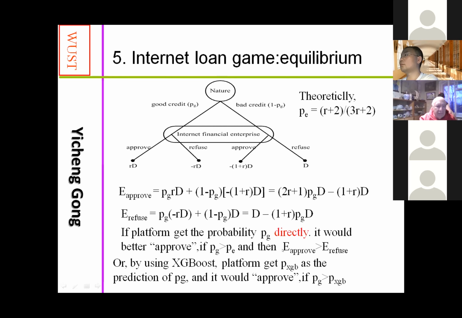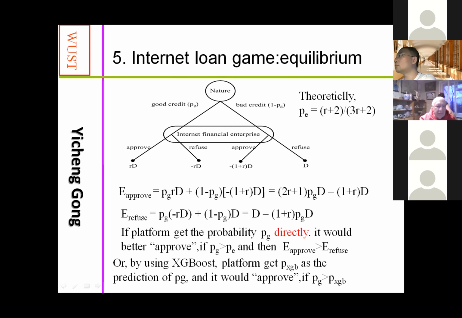Because then the expected payoff of approve is greater than the expected payoff of review. This holds if the platform can get the probability PG directly, but maybe it is very difficult for the platform to get the probability PG directly. So maybe we can use other methods, for example XGBoost.